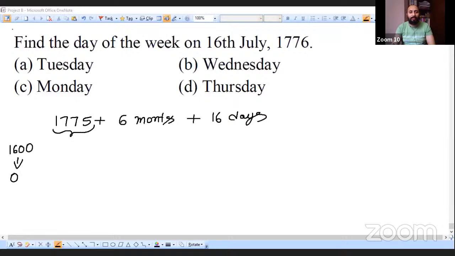Then in 75, how many odd days? If I take 100 years for 1700, I will get 5 odd days. And then the remaining 75 years, how many odd days am I going to get?